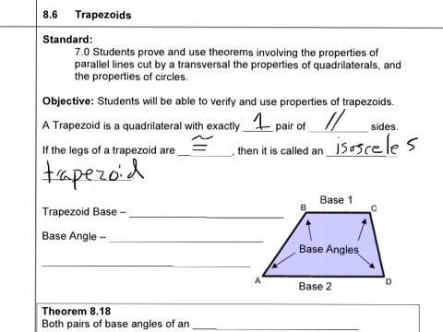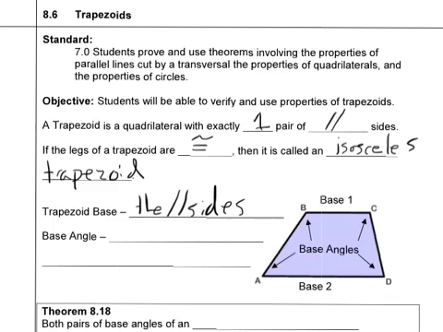So, trapezoid base. These are the parallel sides. So that would be this top here and this bottom here. Those are the bases, and they're parallel. And the base angles are either this set of base angles that goes with base 2 or this set of base angles that goes with base 1.